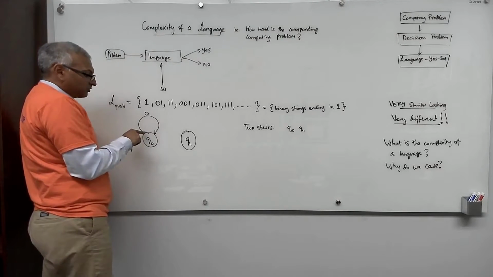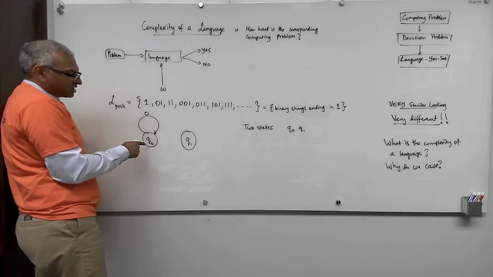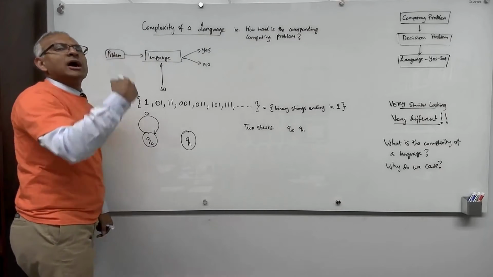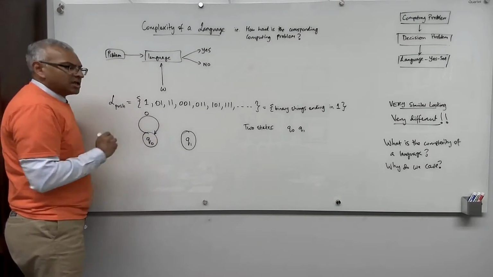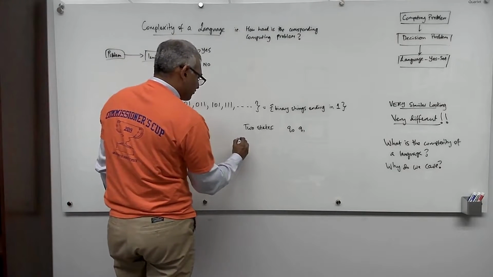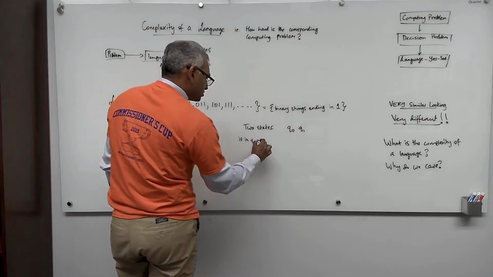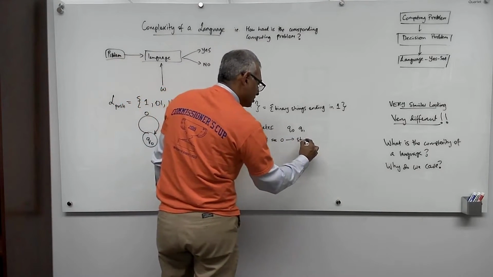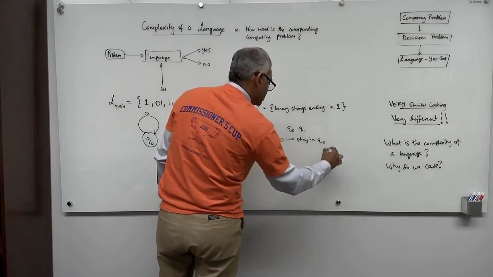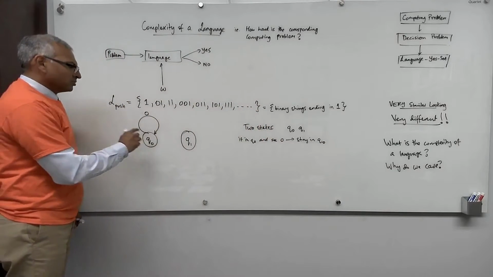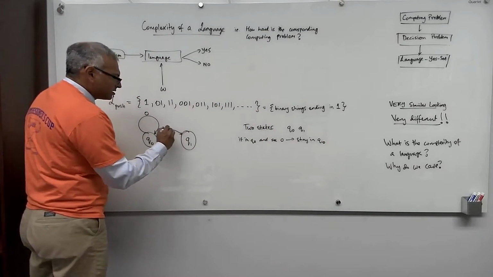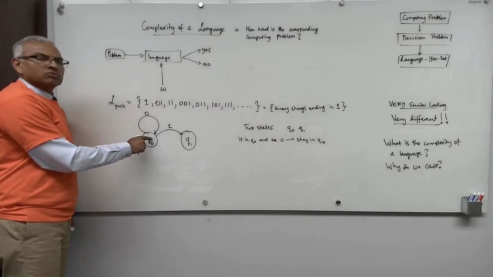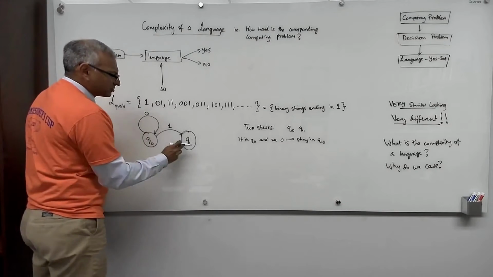So what does this instruction say? It says that, if you're in state Q0 and you happen to see a 0, stay in Q0. So if in Q0 and you see 0, stay in Q0. Okay. If you're in Q0 and you happen to see a 1, change states to Q1.